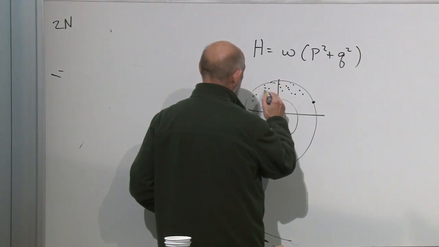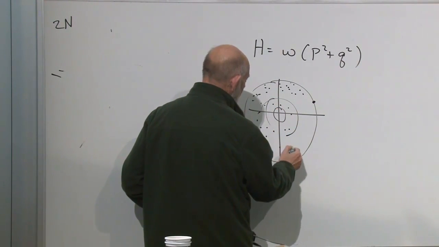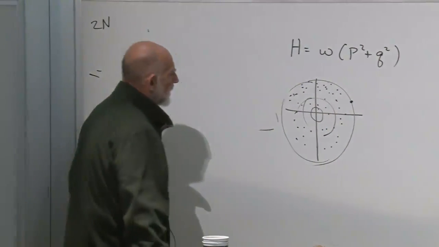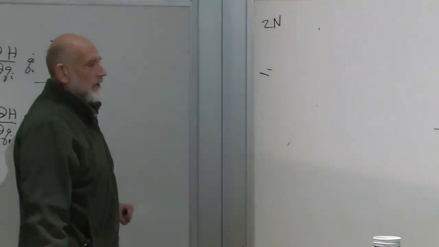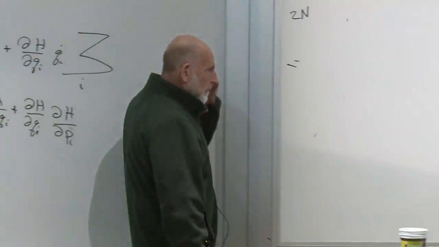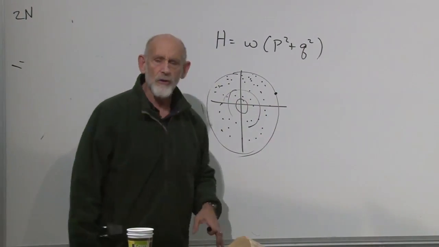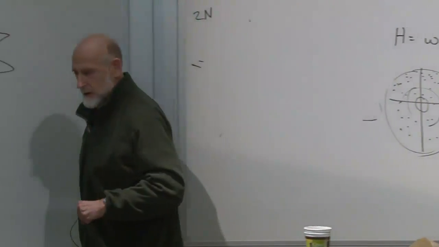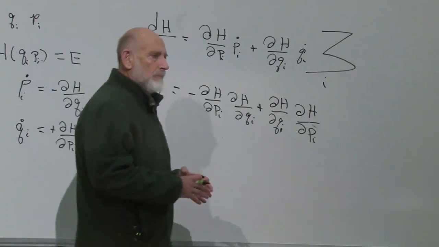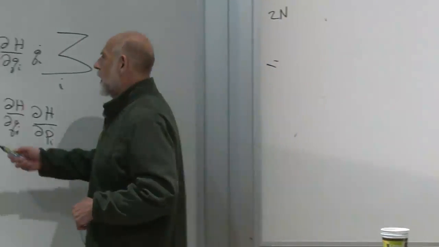So uniformly distributed through here. Every one of them moves. And in the back of my mind, I'm thinking that the sprinkling of points can be thought of as a fluid. Not a real fluid, but an imaginary fluid composed of a huge dust. Think of it as a dust, but a fluid dust, where all the particles of the dust move in a way which is dictated by these equations.